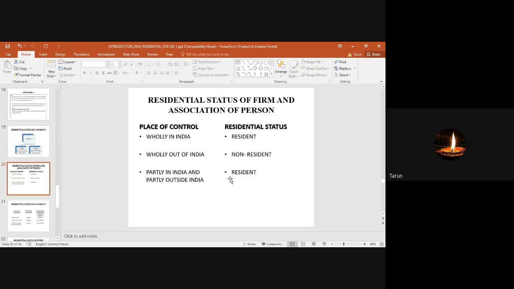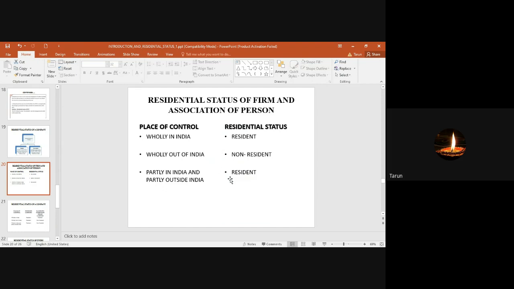Right? So the residential status of a firm and association of persons. There are three categories: the place of control wholly in India, only outside India, and partially in India and partially outside India.